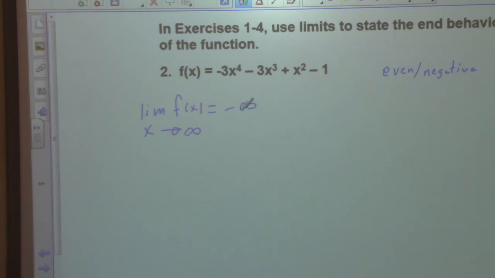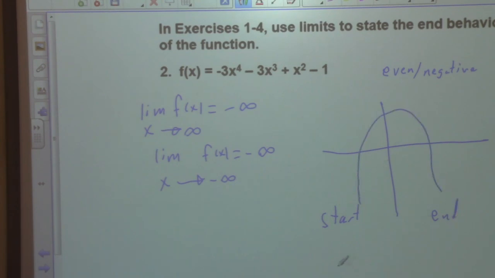So negative infinity, okay? And the limit as x approaches negative infinity of f of x is negative infinity. So this is going to start low and end low, right? We don't know exactly what it does, but we know it's going to do something like this, right? So there it is. That is our answer.